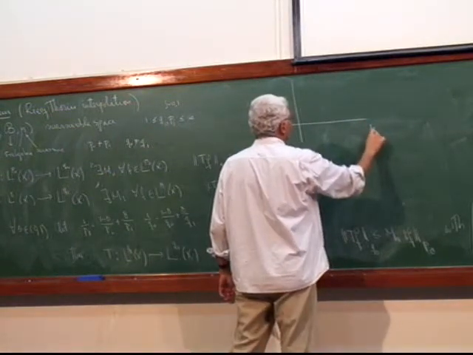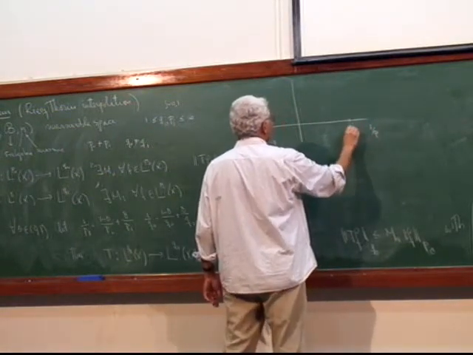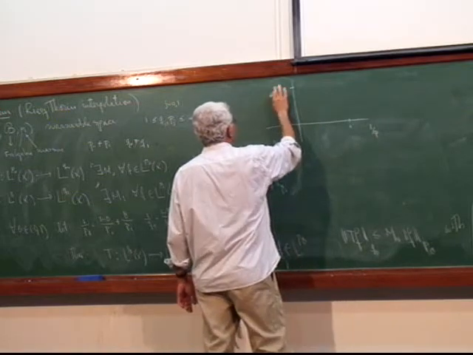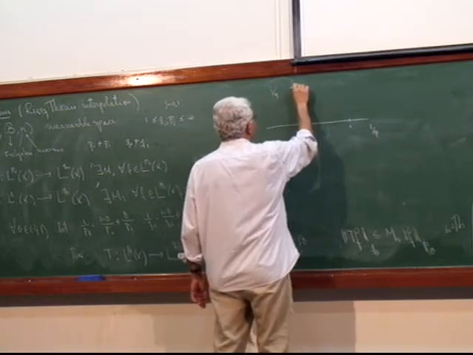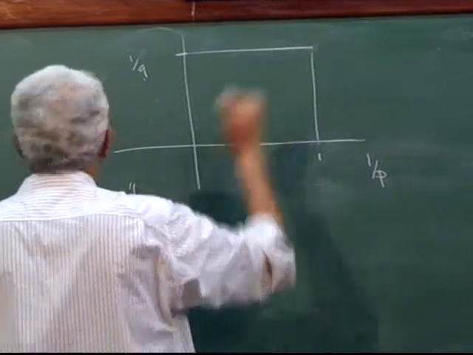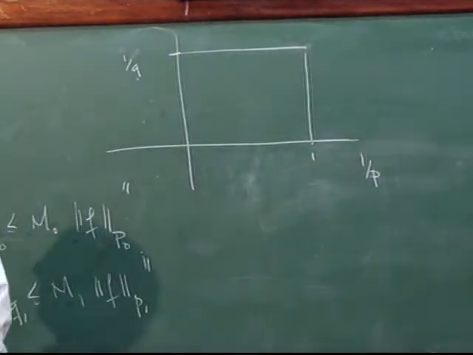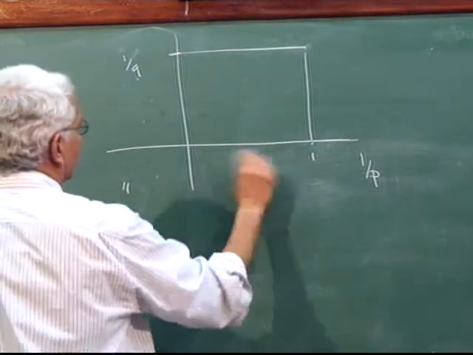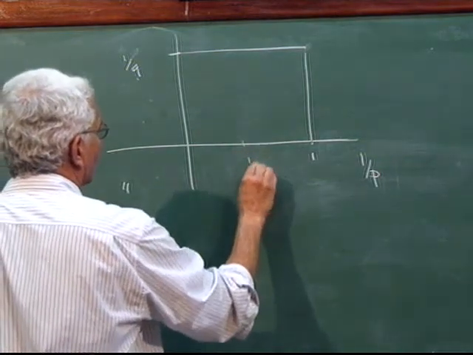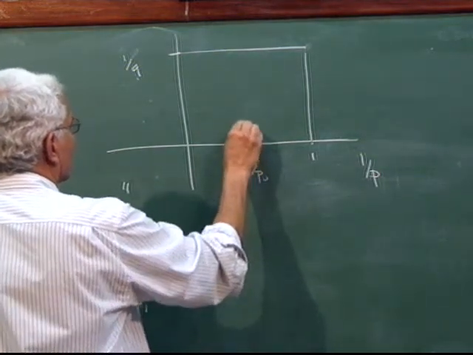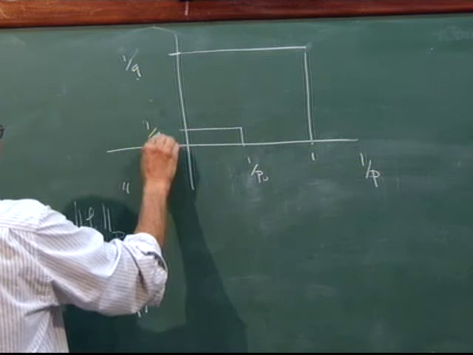The typical graph is this. This is 1 over p. Since p is more than 1, you go up to 1. This is 1 over q. What you are saying is you don't start at the same level. Then this is 1 over p, 0, 1 over q, 0.